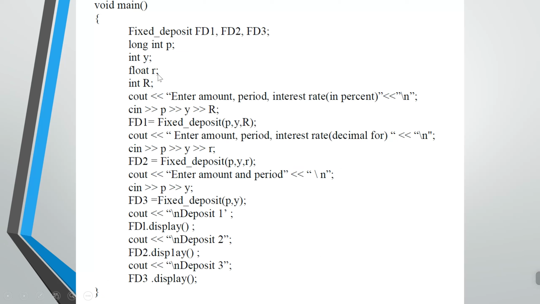Now I am defining other variables here. I'm taking principal value, years, and rate of interest. Now let us look at here. FD1 is equal to fixed deposit of P, Y, R. Let us look into the constructor which is getting used. Which constructor is getting used? Because we have got multiple constructors here. FD1 is equal to fixed deposit of P, Y, R, where P is a long int, Y is an int, R is also an int.